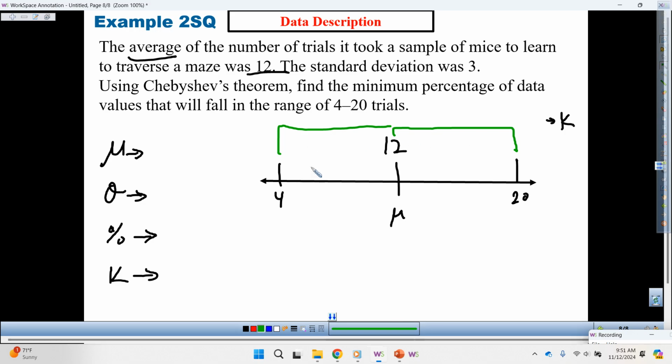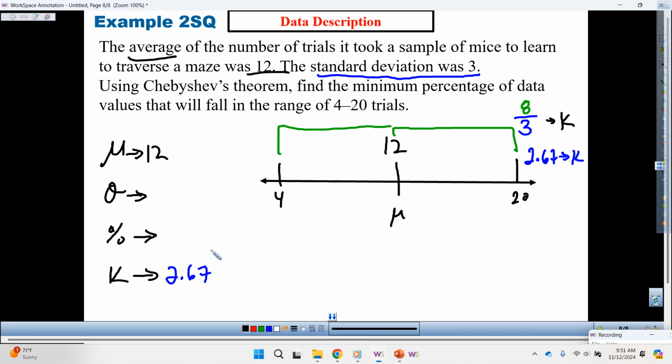What's that distance? 8. What do we do to 8 to find K? Divided by what? By 3. That is correct. The standard deviation. That's going to give us our K. What's our K? What is it? 2.67 is our K.